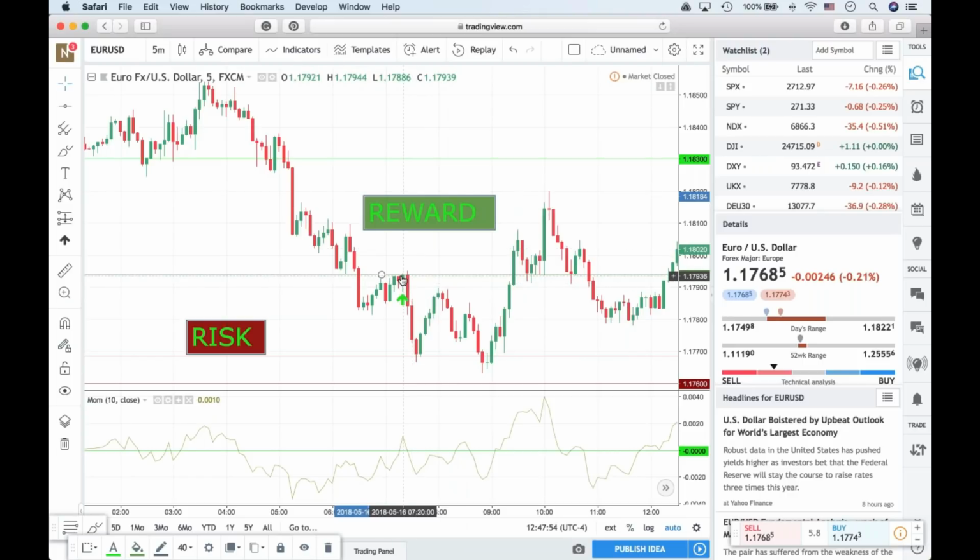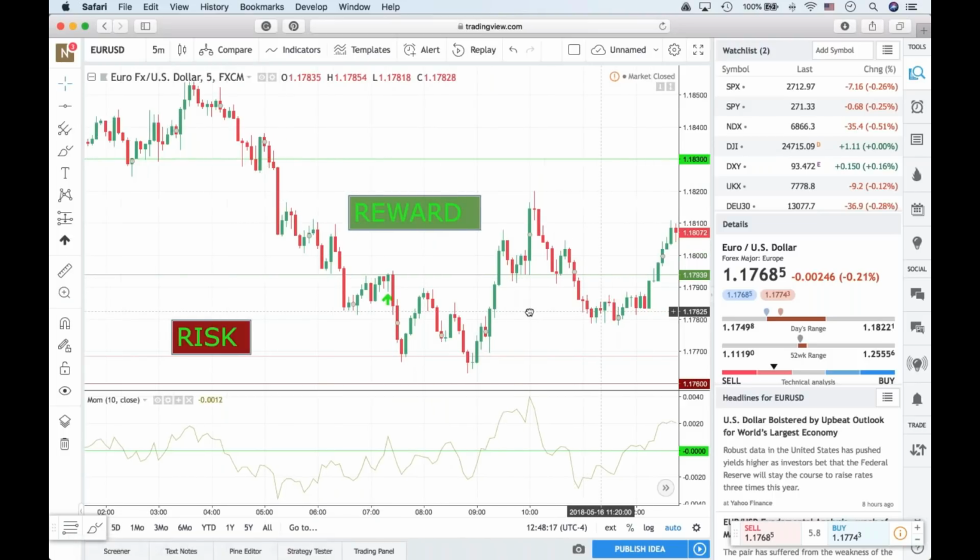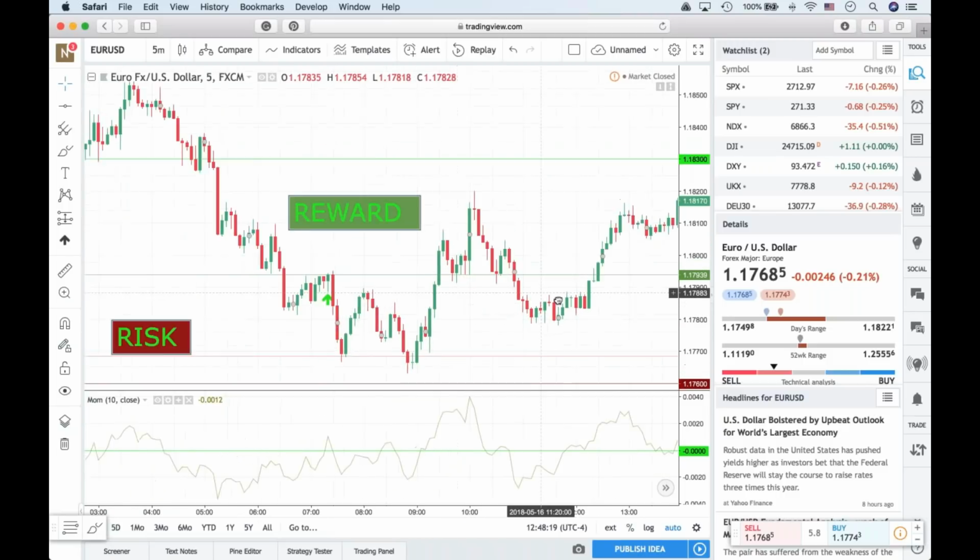So we entered the buy here. The market started to go down, created lower lows, almost touched the stop, and then started to reverse. Now, you can see that the entry was 1.1794, and the take profit is 1.18300. So what we're gonna do, we're gonna trail the stop halfway.